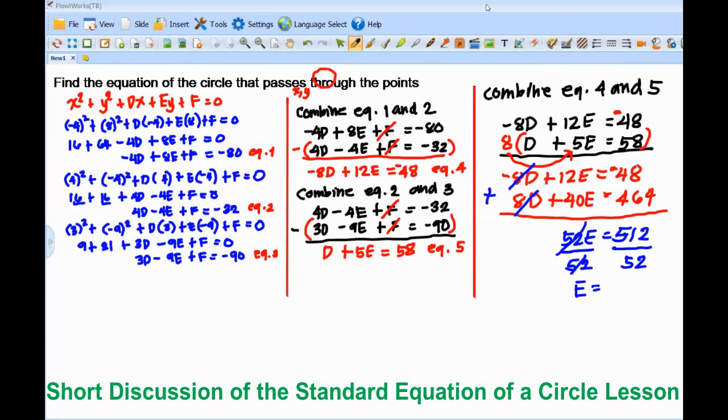So it will become 416. So that's the mistake. 416 divided by 52, so it should be 8. Alright.